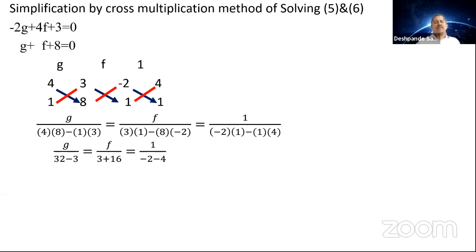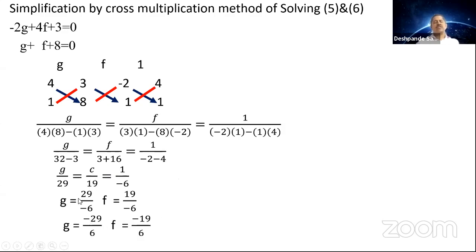So you get g by 29, f by 19 is equal to 1 by minus 6. So from this, you can get the value of g as 29 by minus 6 and f value is 19 by minus 6. So g value is minus 29 by 6. f value is minus 19 by 6. So you got the value of g and f.